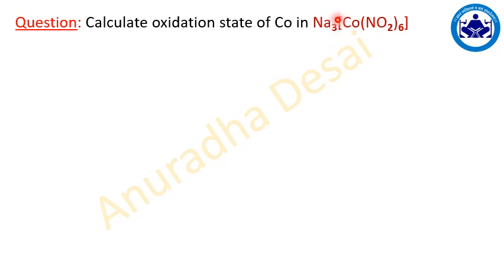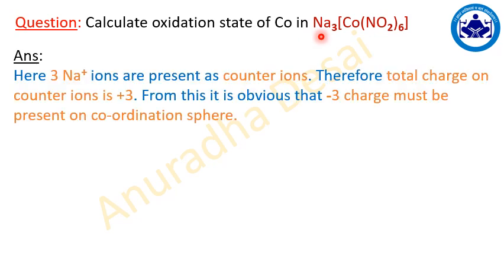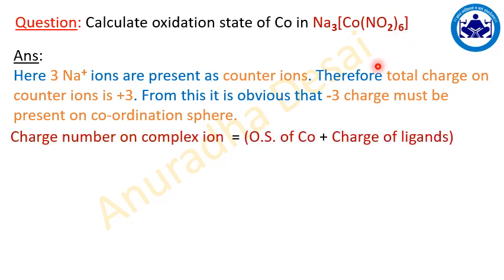So total charge on the counter ions is +3, and therefore total charge on the coordination sphere will be -3. Now you can apply the formula, that is charge number on complex ion is equal to oxidation state of Co plus charge of ligands. I know the charge number on complex ion is now -3.